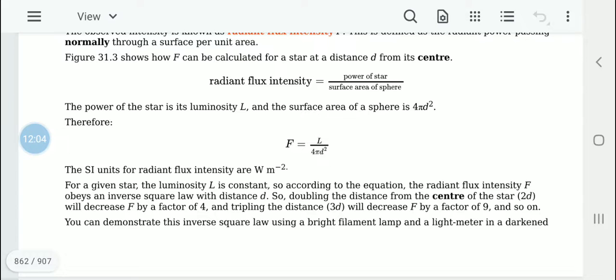As a result, for a given star, luminosity L is constant. Radiant flux intensity F obeys an inverse square law with respect to d, where d is the distance from the center of the star.